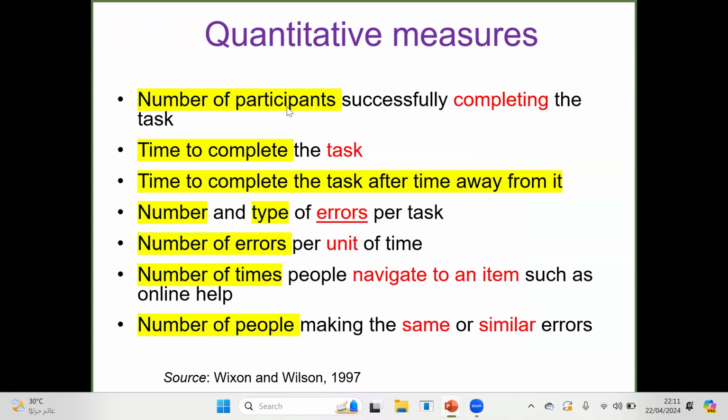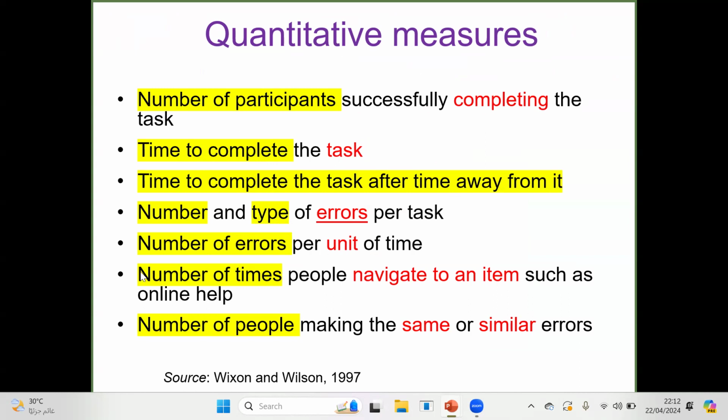Quantitative measures: the number of participants successfully completing the task is very important. Quantitative measures tell us the necessary things for carrying out usability testing: number of participants, time to complete the task, time to complete the task after time away from it, number and type of errors per task, number of errors per unit of time, and number of times people navigate to an item such as online help.